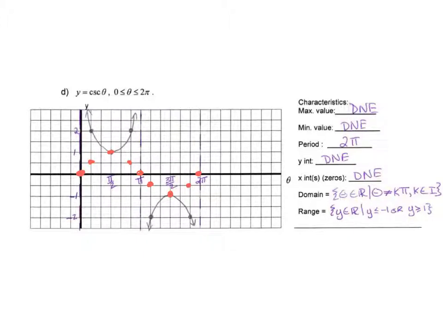So if we take a look, remember the sine curve, y equals sine x. Cosecant is just 1 over sine. It's the reciprocal. So again, I just have to flip it. If I take the sine value right here, that's y equals 0.